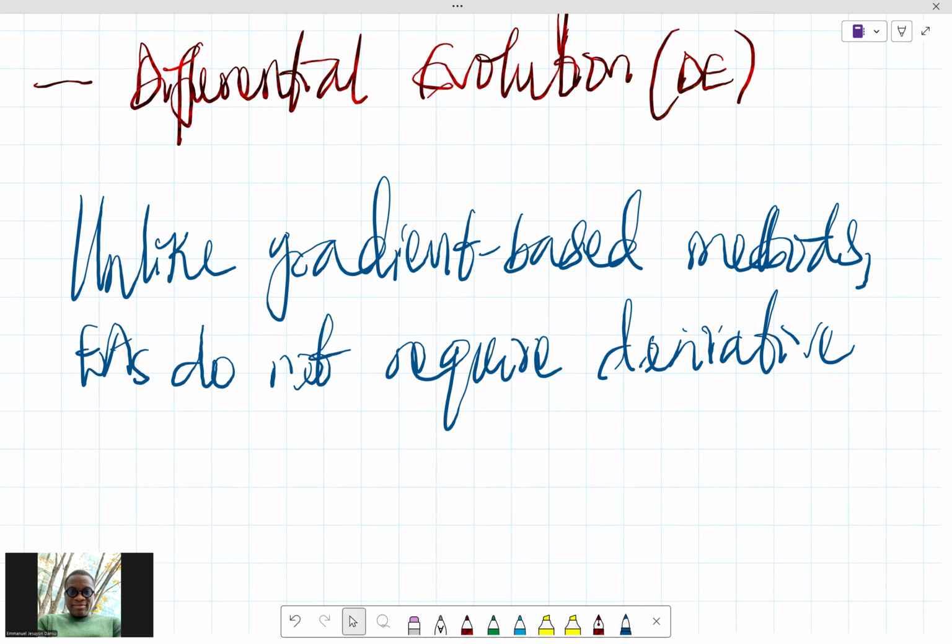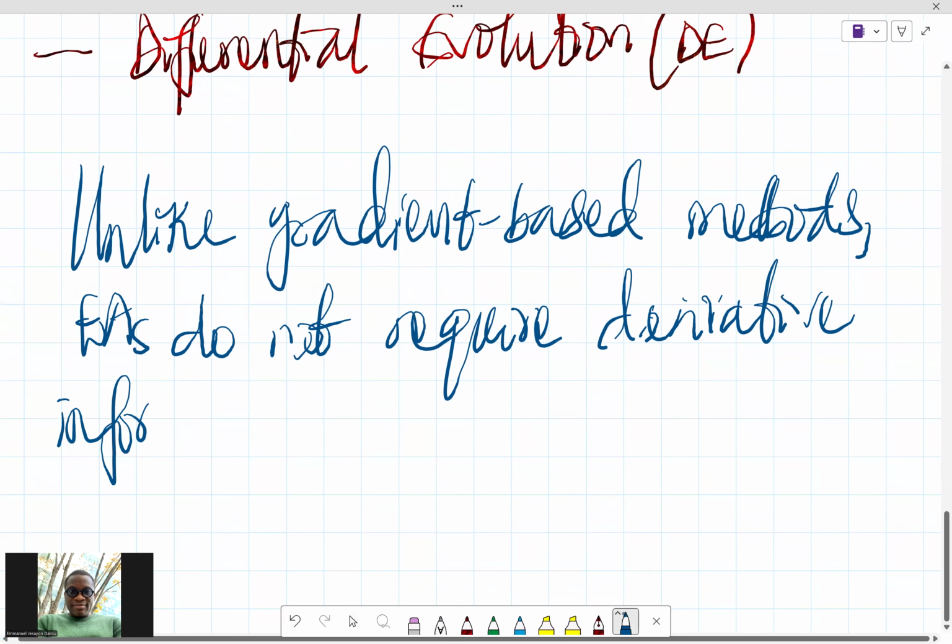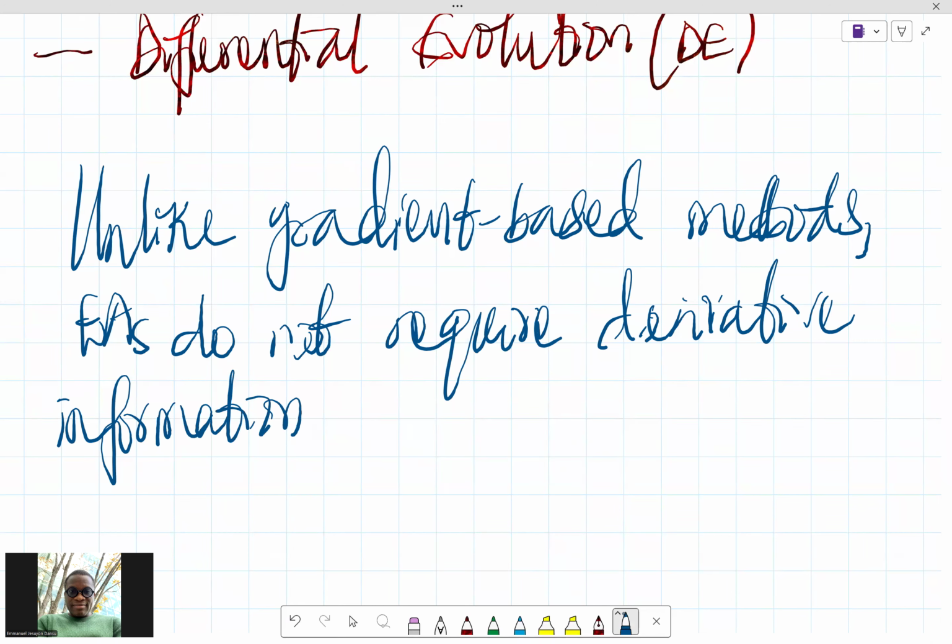So it doesn't matter if the problem is differentiable or not.